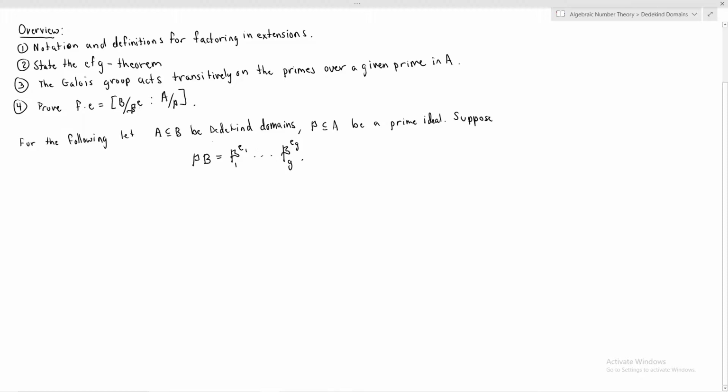Basically, these P's are distinct primes, and the Ei are positive integers.